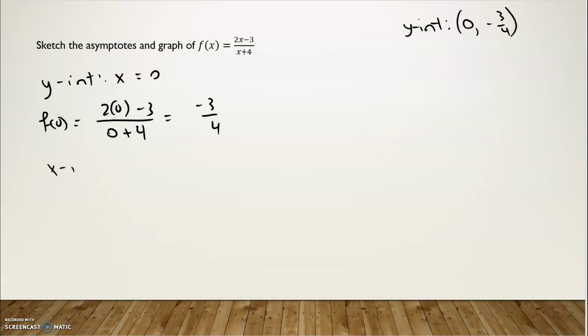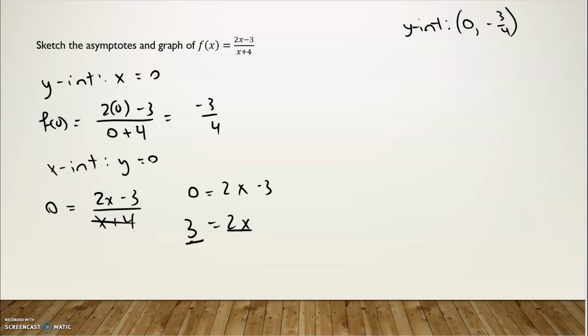And then for the x-intercept, so that's y is equal to 0, we're going to have 0 is equal to 2x minus 3 over x plus 4. Don't care about the bottom here. So 0 is 2x minus 3, so 3 is equal to 2x. Divide by that 2, so x is equal to 3 over 2. So my x-intercept is 3 over 2, comma 0.